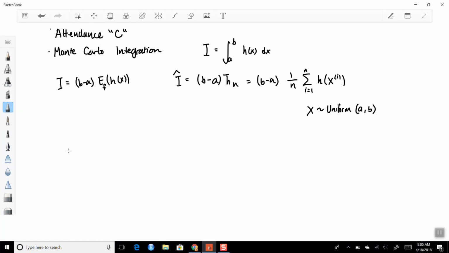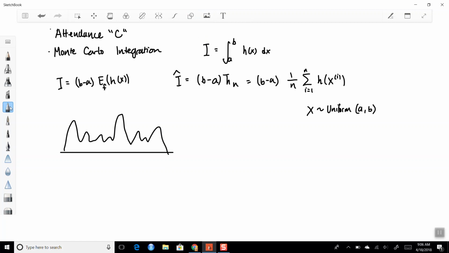I think on Monday we had this funny looking curve, something like this.